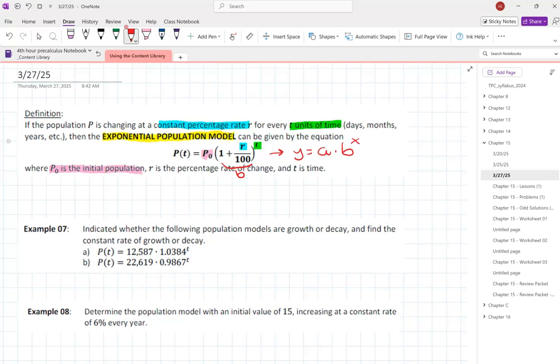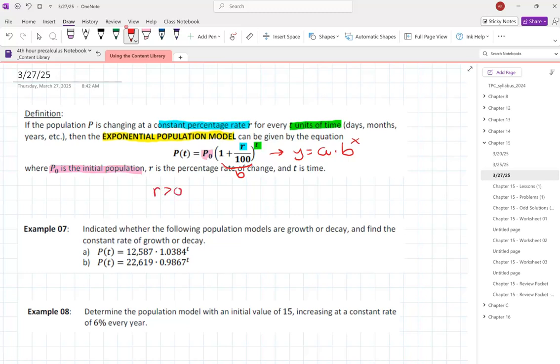Now, since this is a population model, I know that P naught always has to be a positive value, right? So let's think about what values of R would result in a growth or decay function. I remember if the leading coefficient is positive, if that B value is greater than 1, that would mean we'd have exponential growth, right?